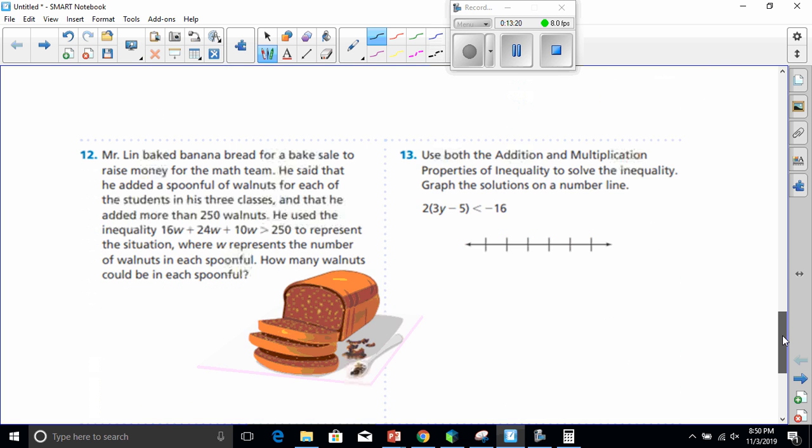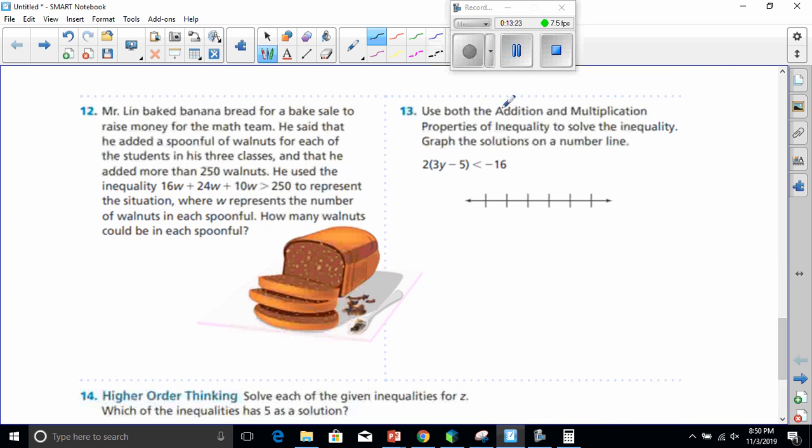All right, I'm going to number 13. Use both the addition and multiplication properties of inequality to solve this inequality, and then graph the solution on the number line. Well, if I take this, it's going to be 2 times (3y minus 5), and it's going to be less than negative 16.